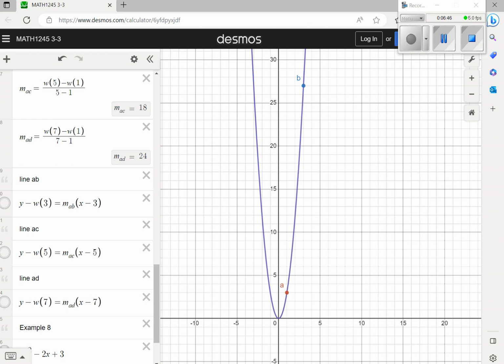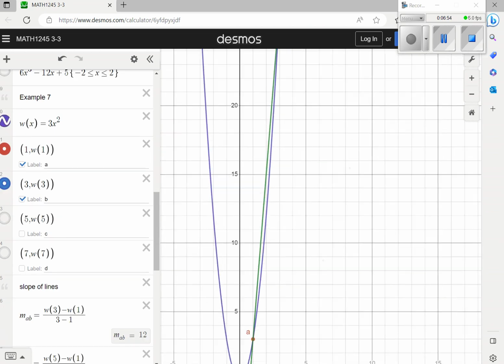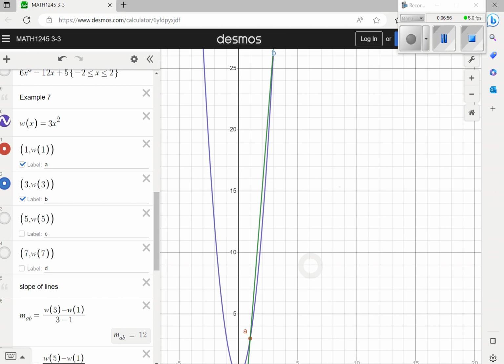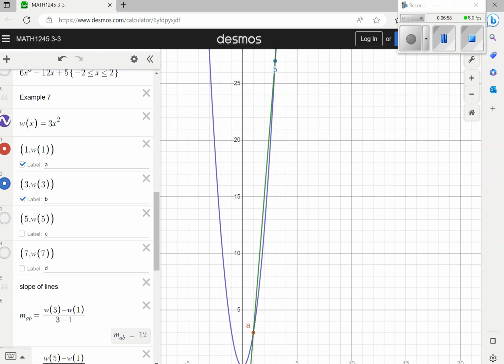So I'm using 3 and w of 3, and that is the graph here. So we see this particular line from A to B, and it doesn't follow along the curve exactly because the curve is a curve and the line is a line, so they're not the same things, but they do follow along each other fairly tightly.